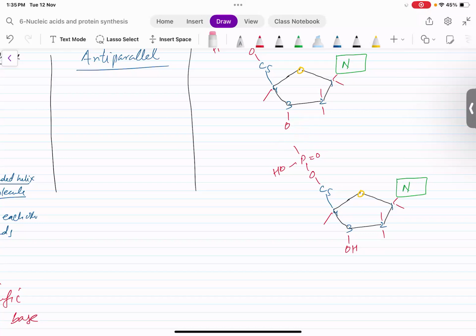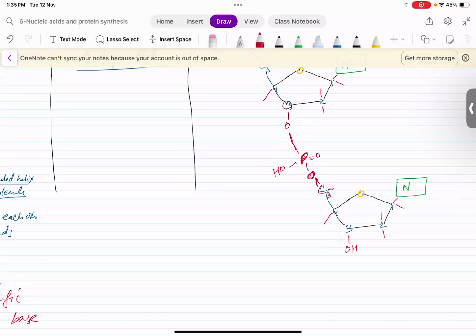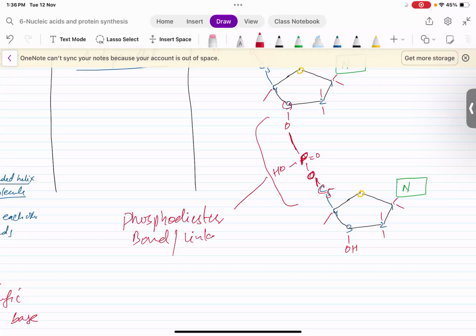Do you see there is a phosphate group, phosphorus in between, and there is O binding with carbon number 5 on this end and carbon number 3 on this end. So this bond is known as phosphodiester bond or linkage. Got it? This is phosphodiester linkage.